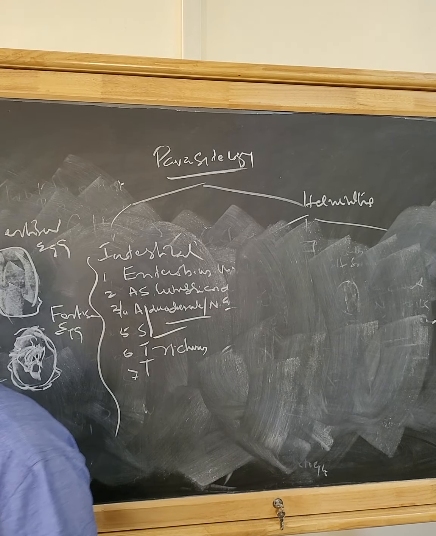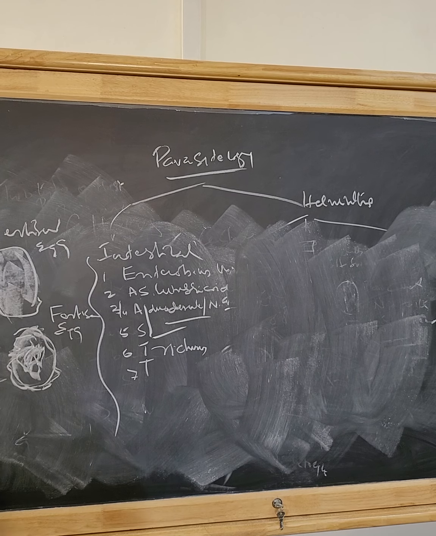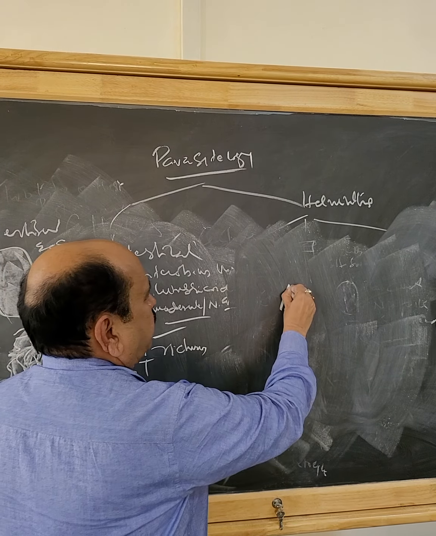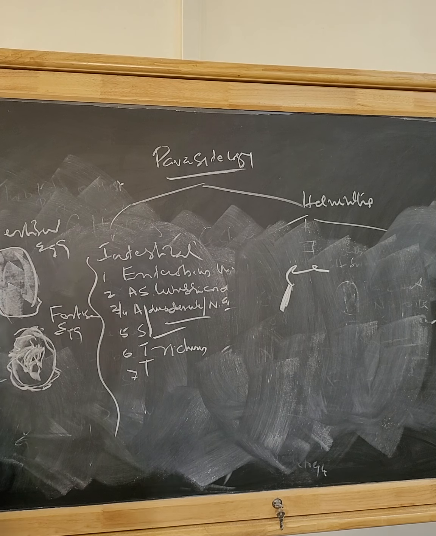What do you call whip in Telugu? Chabuk. So in a whip the posterior end is thick and the anterior is thin. NTR. What is it?